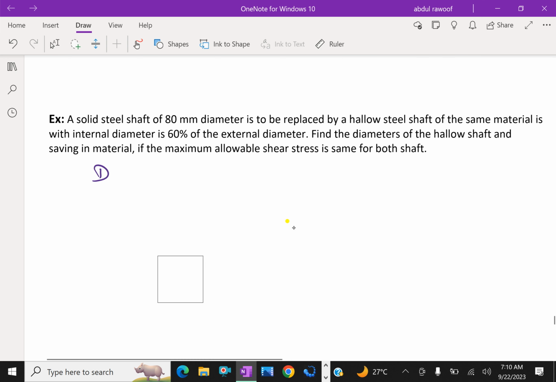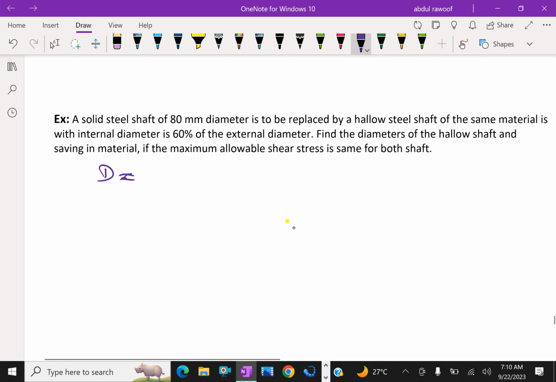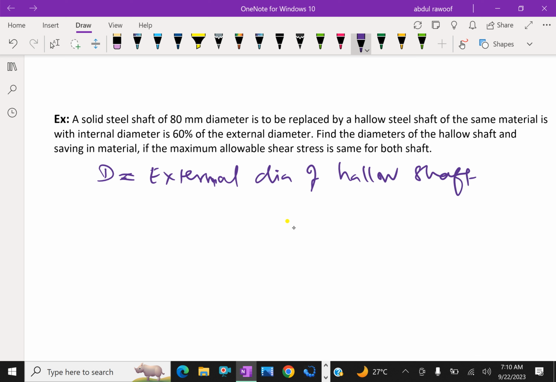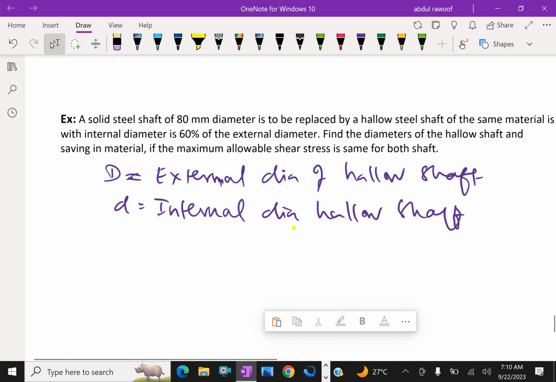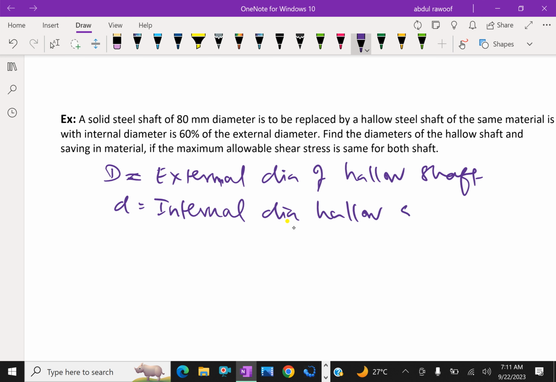Let D1 equal the external diameter of the hollow shaft, and small d equal the internal diameter of the hollow shaft, which is equal to 0.6 D1.